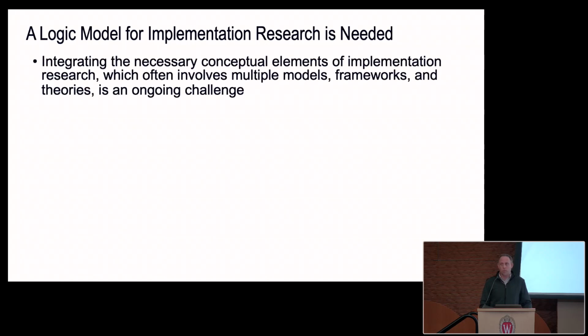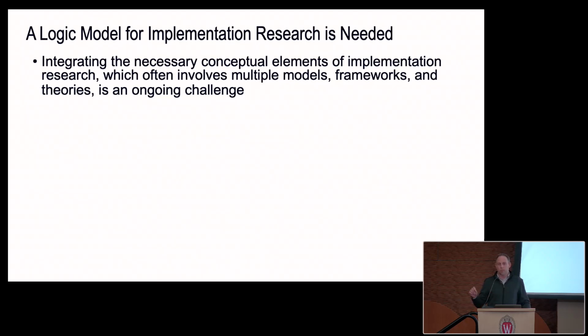So what was the purpose of this and what is it supposed to do? This is really intended to integrate all of the necessary conceptual elements of implementation research, which in most large studies is going to involve multiple models, frameworks, or theories. And this has been, or at least was, a really significant challenge. So if you have CFIR as a determinants framework to help you understand context, facilitators, and barriers, how does that line up with implementation strategy taxonomies?